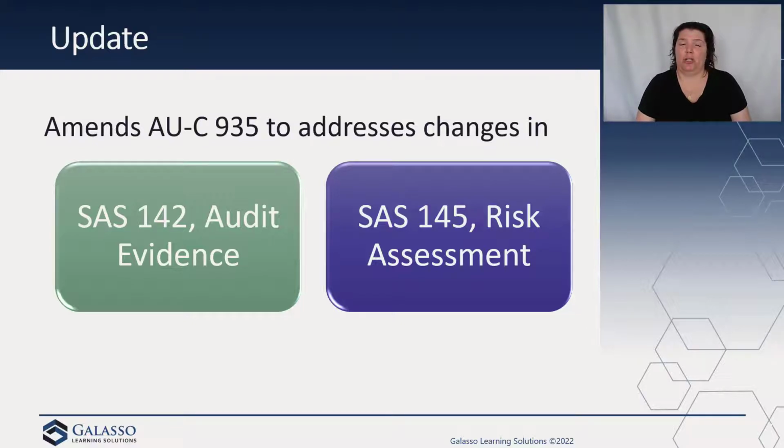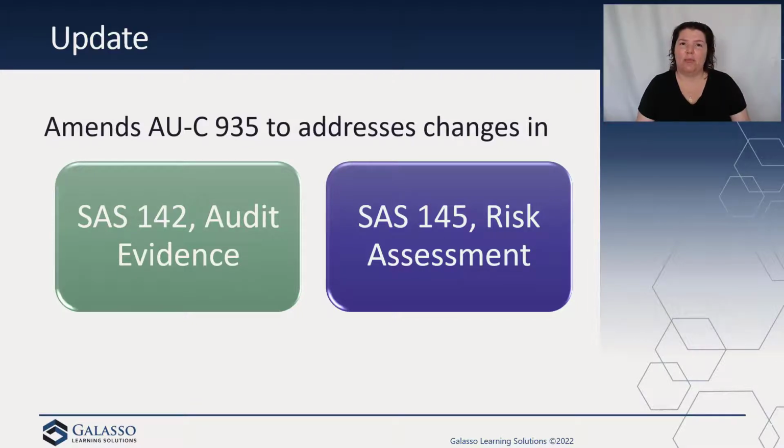In addition, if you looked at 145, there's significant changes around the 5 components of internal control. They were reordered, they were identified as either primarily direct or primarily indirect, and a huge focus on the control activities component. And so the control activities component obviously does apply to compliance audits. And so they've added some additional documentation around controls over compliance that are required to be tested due to the governmental audit requirement.